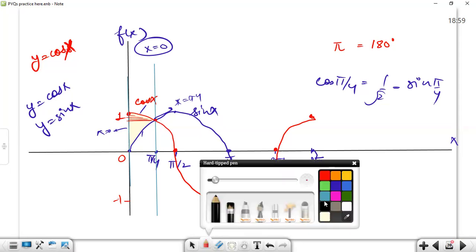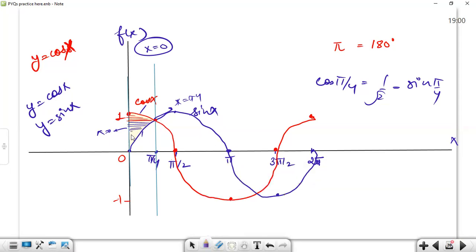Then we find the area under the curve sine x from this point to this point, which is 1 by root 2. We will find this area first and then add them, right?